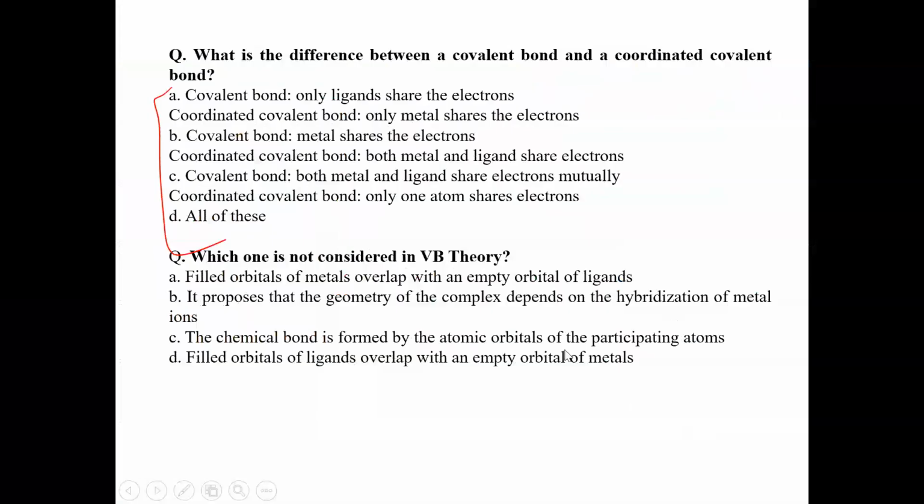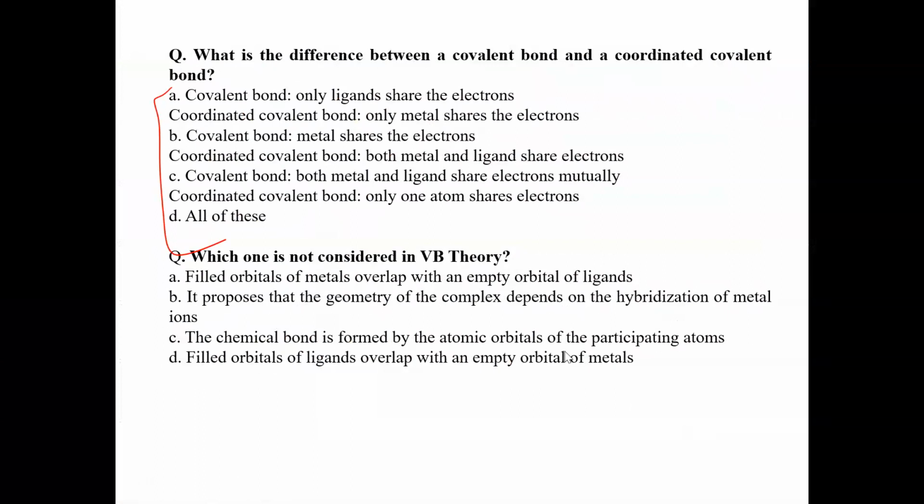First is covalent bond is the bond in which only ligands share the electrons, and coordinate covalent bond is only metals share the electrons. Similarly, option B says covalent bond is the bond in which the metal shares the electron, or coordinate covalent bond is both metal and ligand share electrons. Okay, so similarly, three options are given, and the fourth one is all of these statements are right.